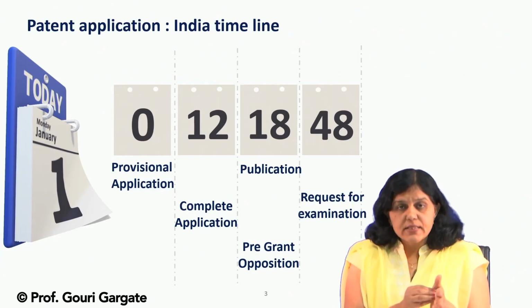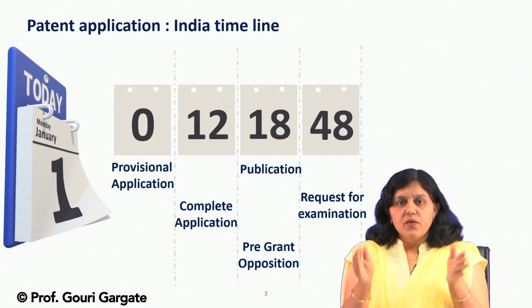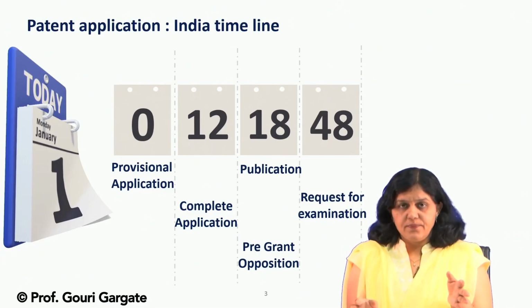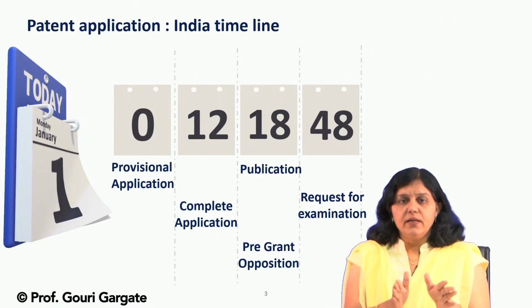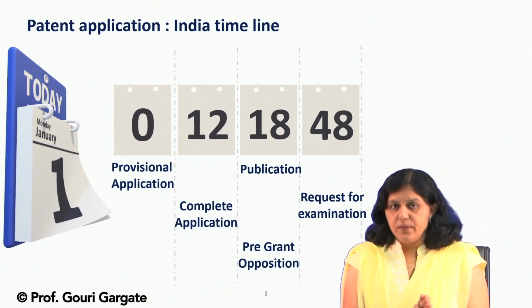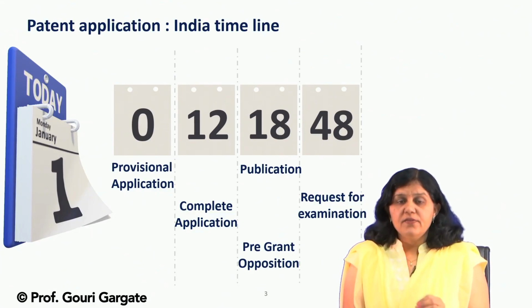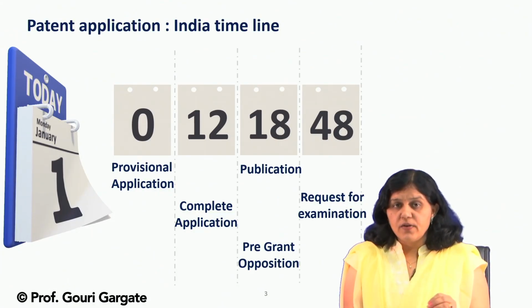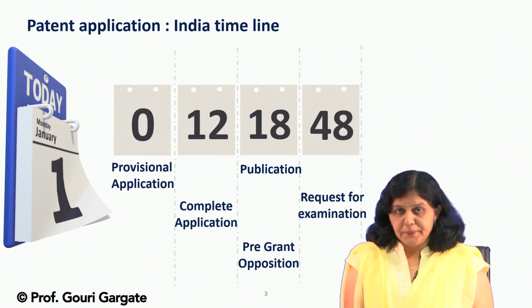The request for examination can be filed within 48 months. After that, that timeline is lapsed, your patent will come into the public domain. So, that 48 months timeline is very important. You have to file the examination request before 48 months. Remember that if the request for examination is not filed, the patent will not be examined.